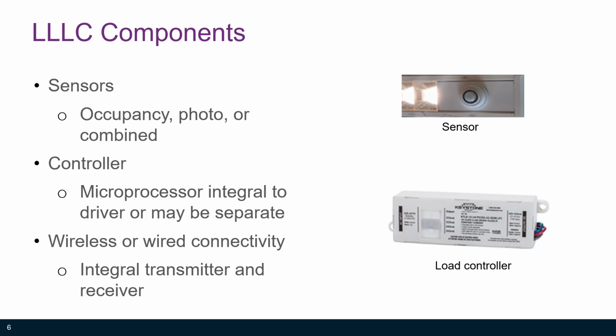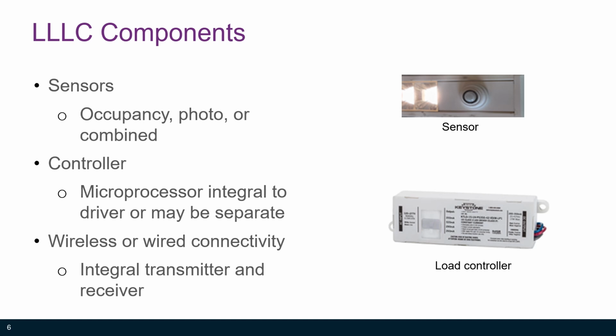The components of LLLC systems are sensors, a controller, and wired or wireless connectivity. The controller holds a programmable microprocessor, which may be integral to the driver, or it may be separate, transmitting dimming signals to the drivers.